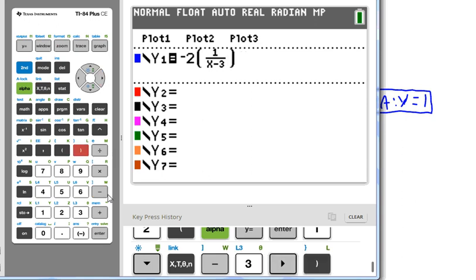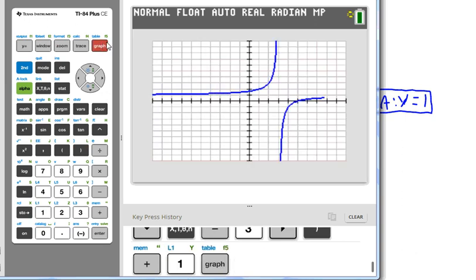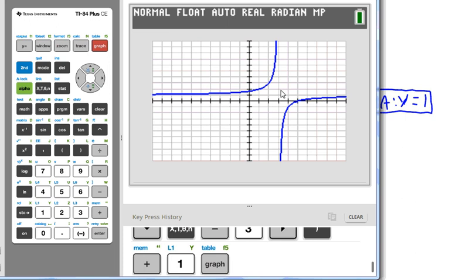And we come out here, we put plus 1. And what does that look like? Okay, we got our vertical asymptote at x equals 3, our horizontal asymptote at y equals 1. And so that's what the thing looks like. Yeah, that's what we've stretched right there. Yeah, so it looks good.